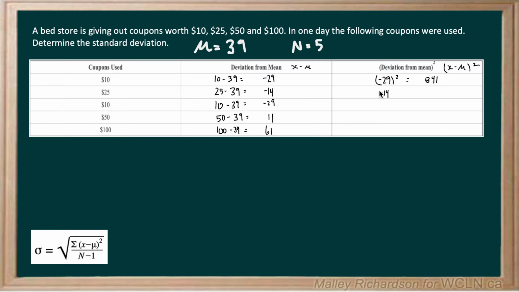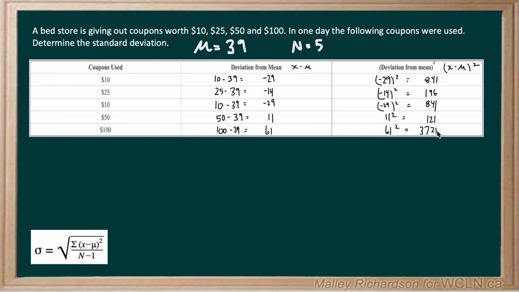Then we have negative 14 raised to the power of 2, which is 196. Then negative 29 to the power of 2, which is 841. 11 to the power of 2, which is 121. And finally, 61 to the power of 2, which is 3,721.